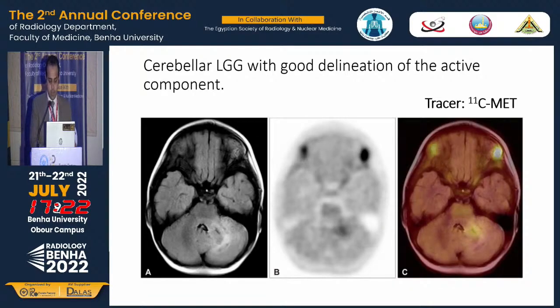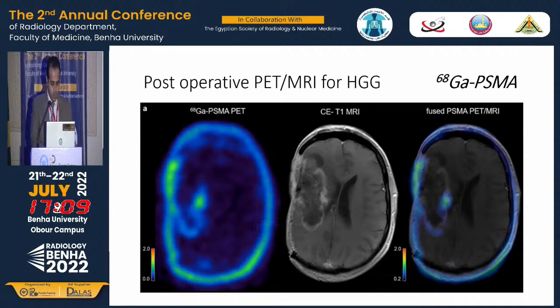Another case using carbon 11 MET in a case of a cerebellar low-grade glioma, with good delineation of the active component. Another case, a post-operative PET-MRI using gallium PSMA, detecting accurately the recurrent or the residual lesion.